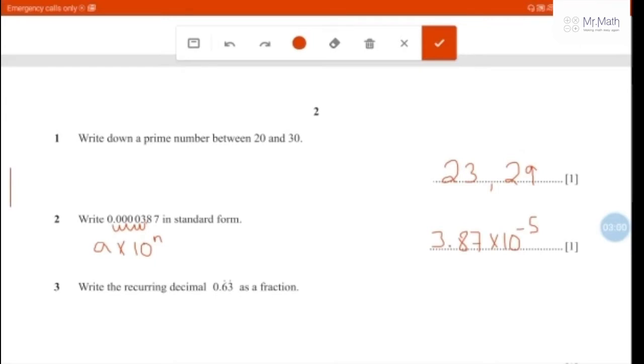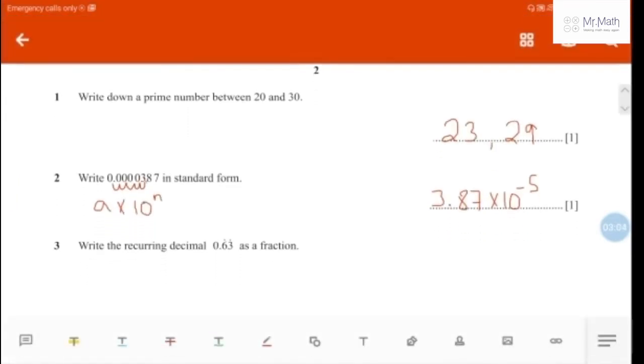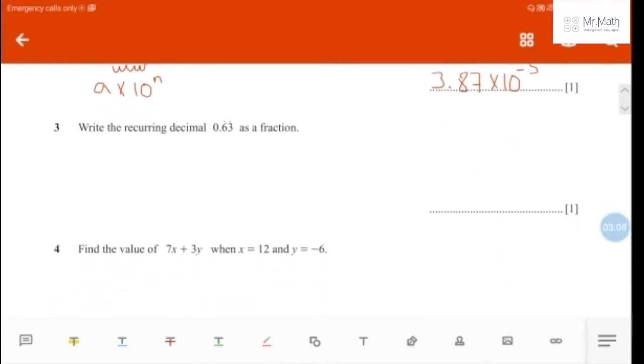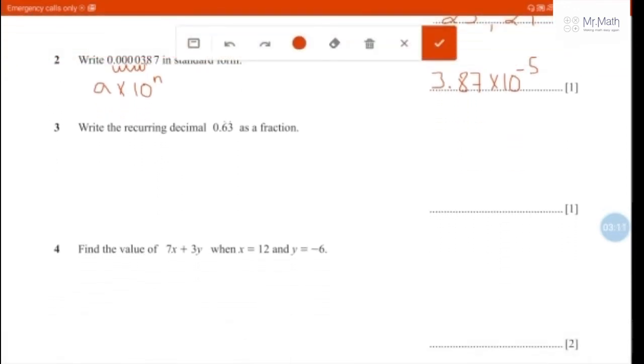Now let's solve the third question. It says write the recurring decimal 0.63 as a fraction. So to convert a recurring decimal number to a fraction, just follow these simple steps.